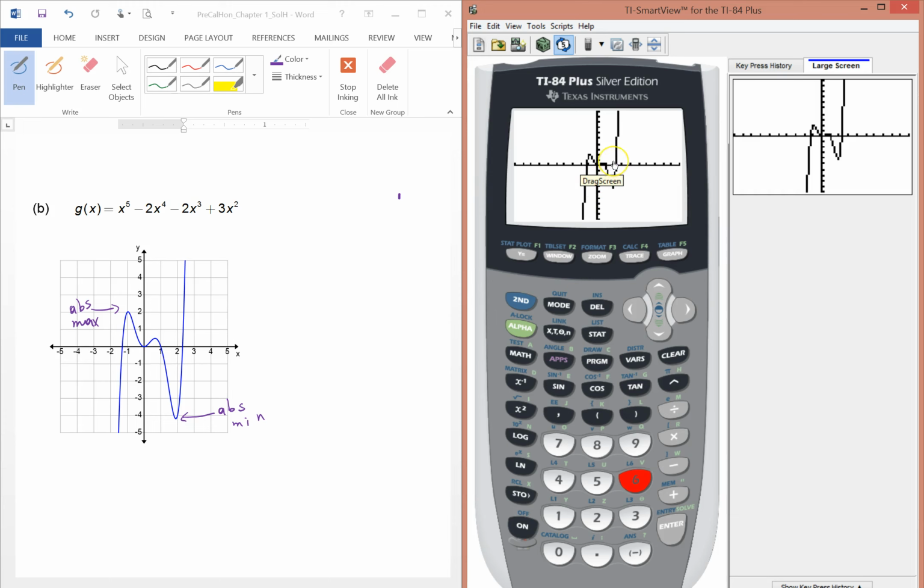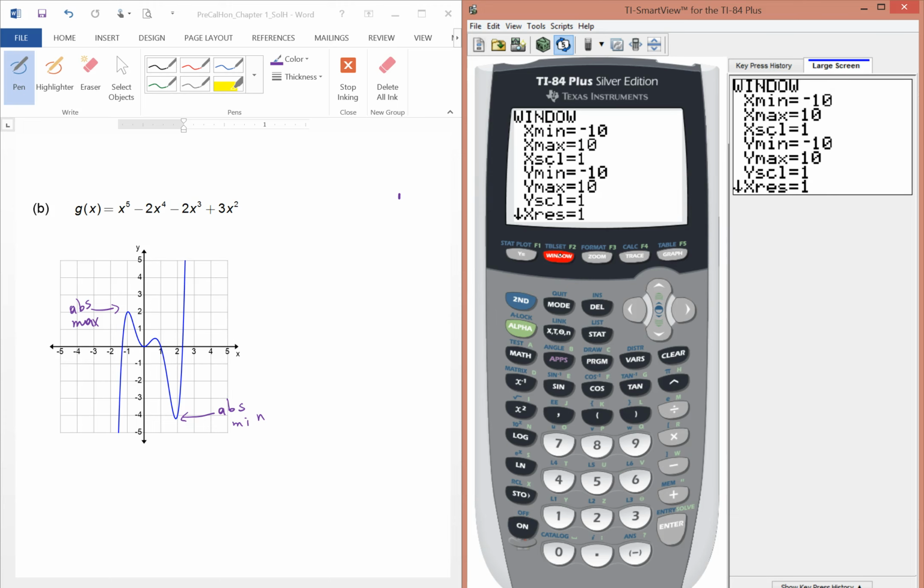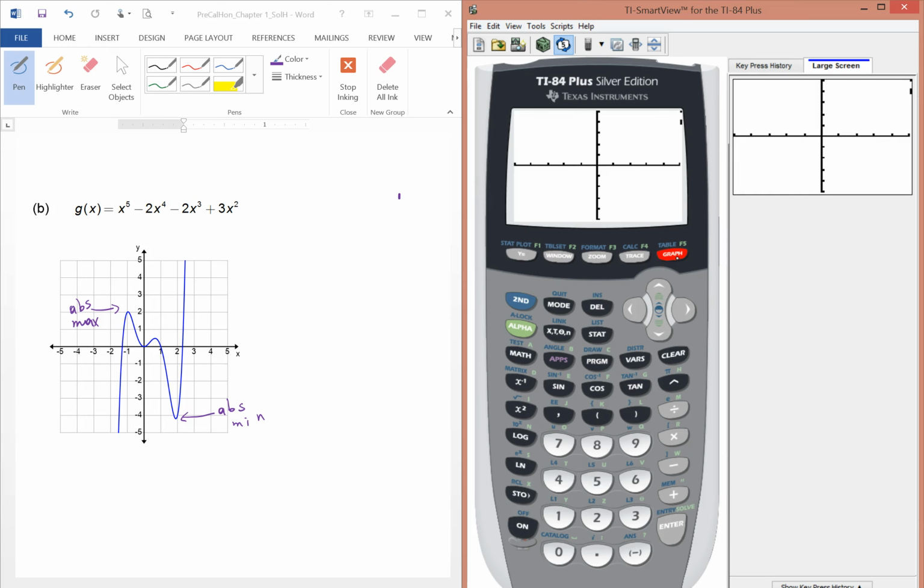So it's better if I go into window and modify them. I have, for example, -5 to 5 here and -5 to 5 here. Now when you graph it, you get a much more accurate representation of what's happening.